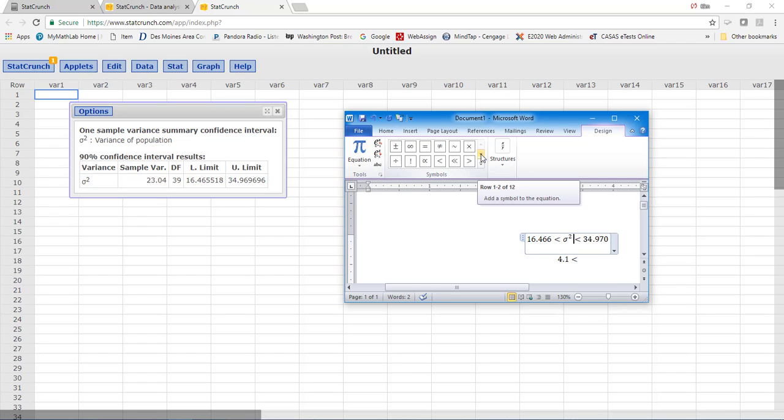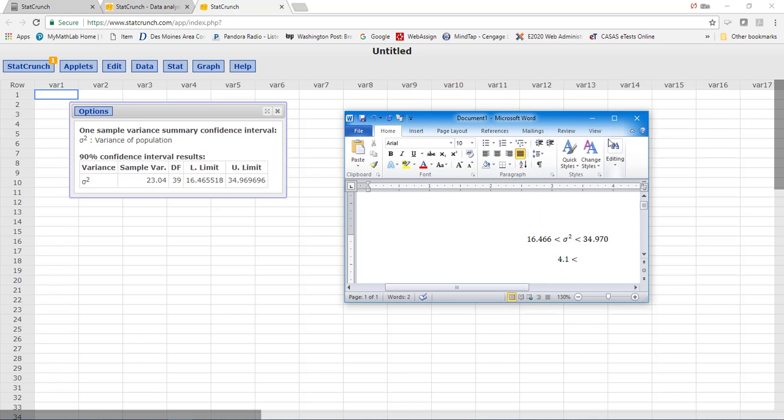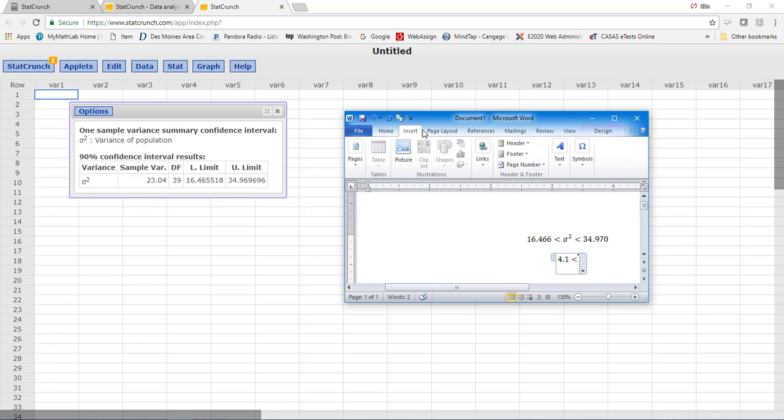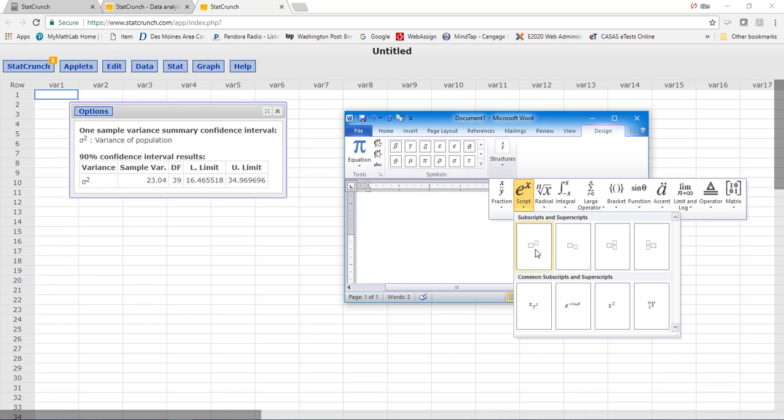So then I'm going to go down and find my sigma again. There it is. Whoops, not there. Down here. Okay, and then I'm going to put my sigma in. And I'm going to do Structures to get my squared.